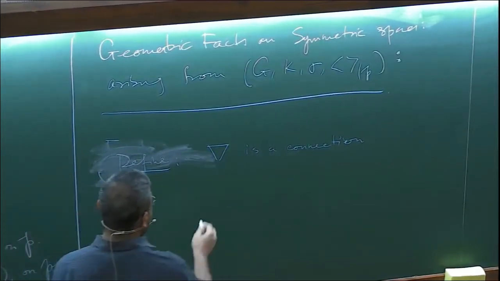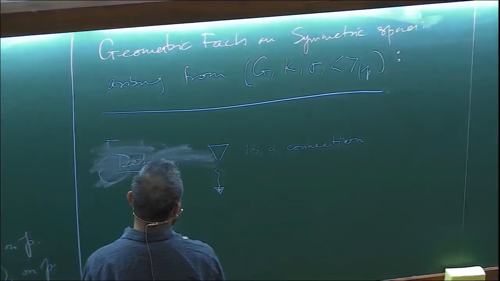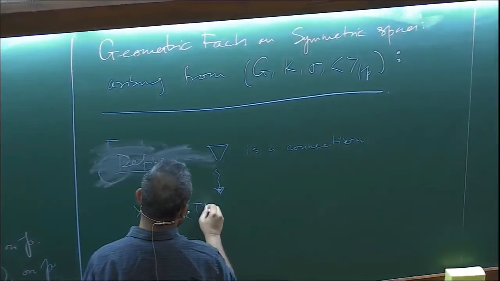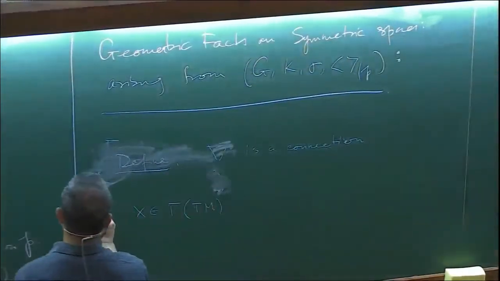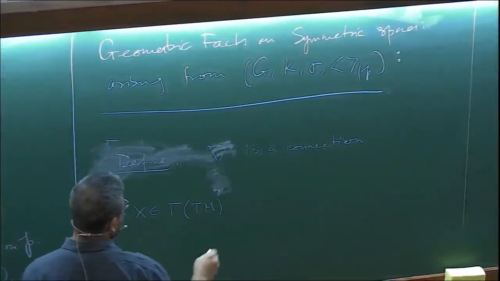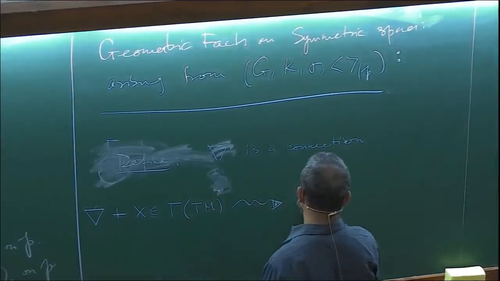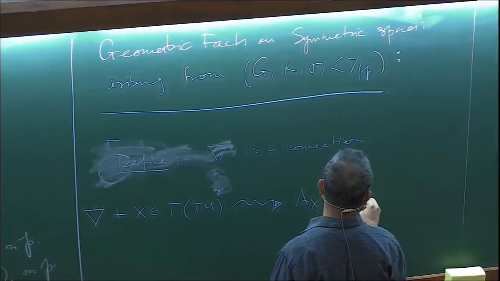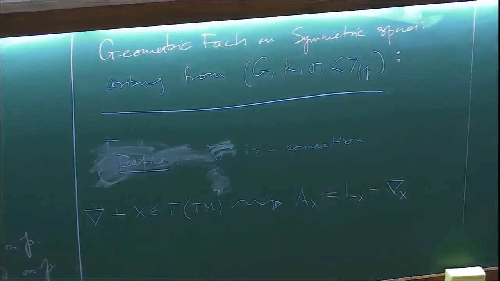This connection gives me this connection and a vector field, and this plus a vector field gives me an operator which I denote by Lx minus nabla x.